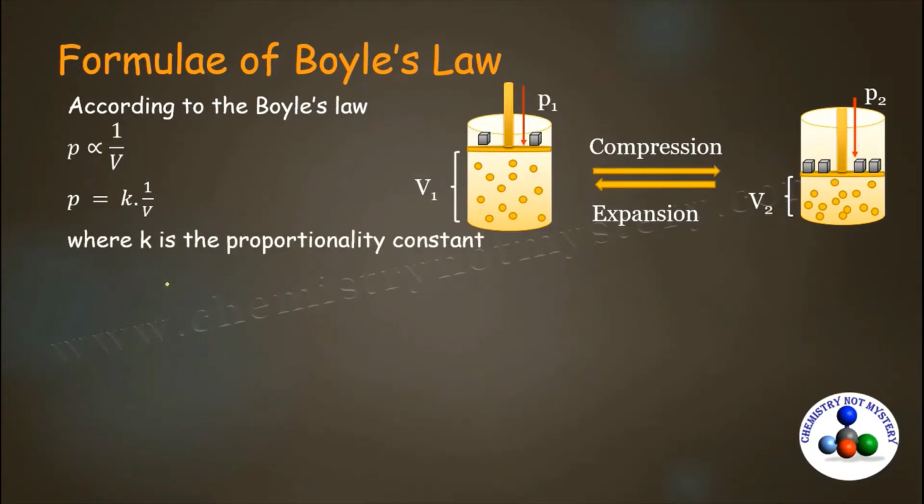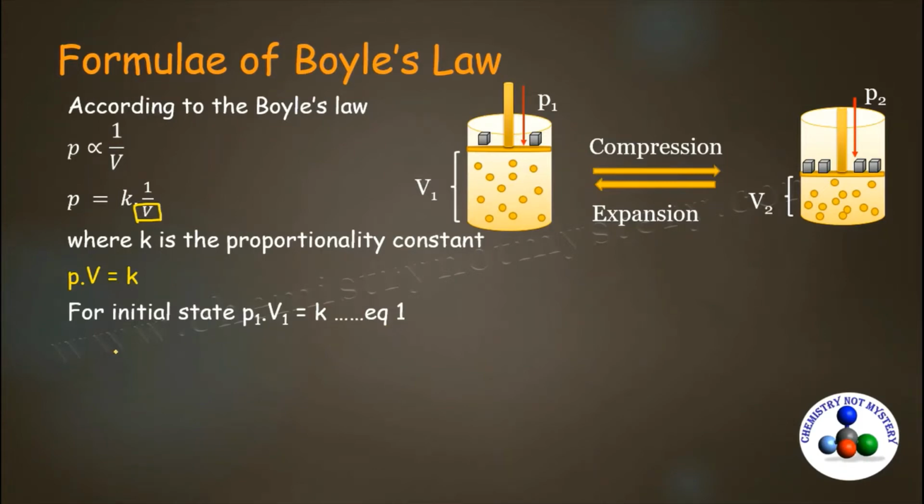Its value depends only on temperature. When we transfer the volume to the other side of the equation, we get pressure multiplied by volume is equal to constant. When we apply the same formula for the initial state, we get P1 multiplied by V1 is equal to constant. Name this equation 1.